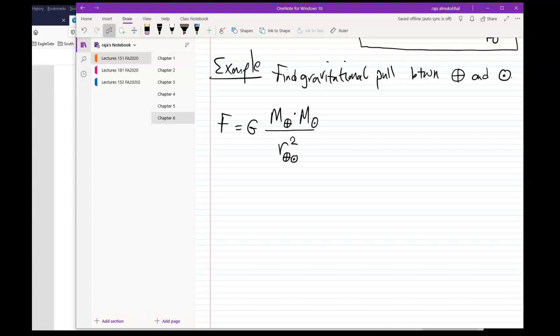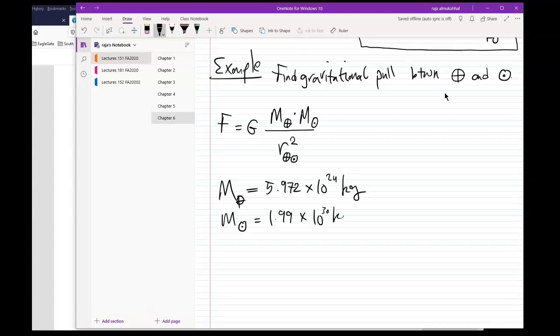So the mass of the Earth is equal to 5.972 times 10 to the 24 kilograms. Mass of the Sun is 1.99 times 10 to the 30 kilograms.